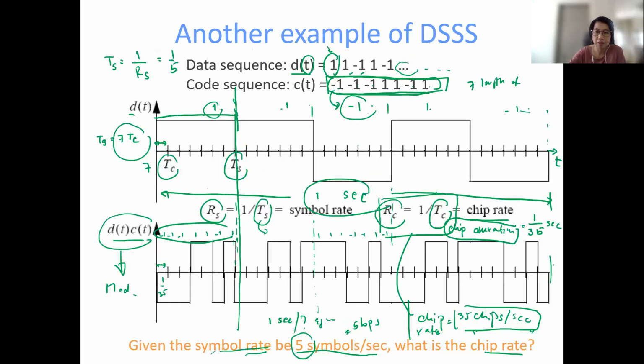You see here, you compare between symbol rate and the chip rate. In this example, you use a code of length 7 to represent 1 bit. So it means that the frequency of the chip is 7 times the frequency of the original signal.